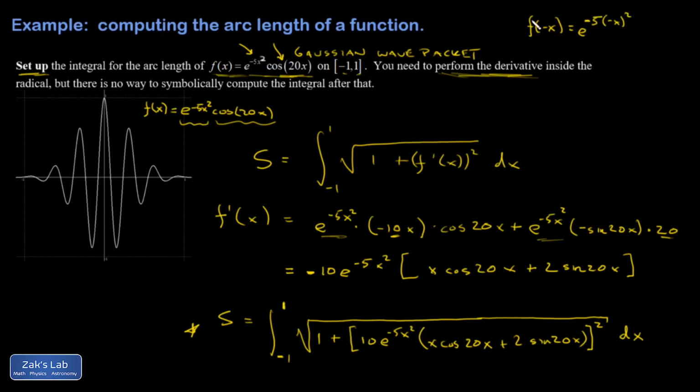And then the cosine is an even function. So the cosine of the negative of an angle is equal to the cosine of the positive of the same angle. So this is just e to the -5x squared cosine 20x, which is equal to f of x. So f of x is even.